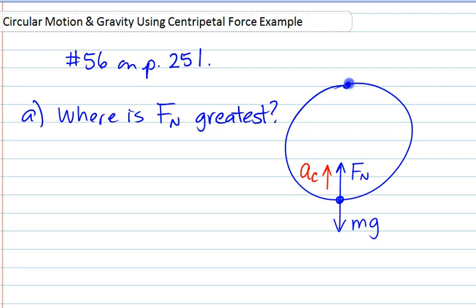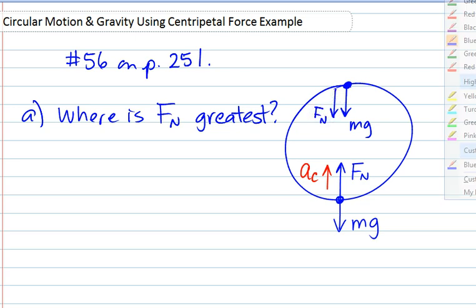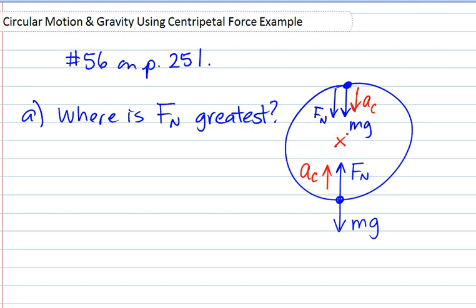Now at the top we have the force of gravity going downwards, and we also have the normal force going downwards, and the result of that is going to be an inwards centripetal acceleration. Notice that in both places this centripetal acceleration will point towards the center of the circle.